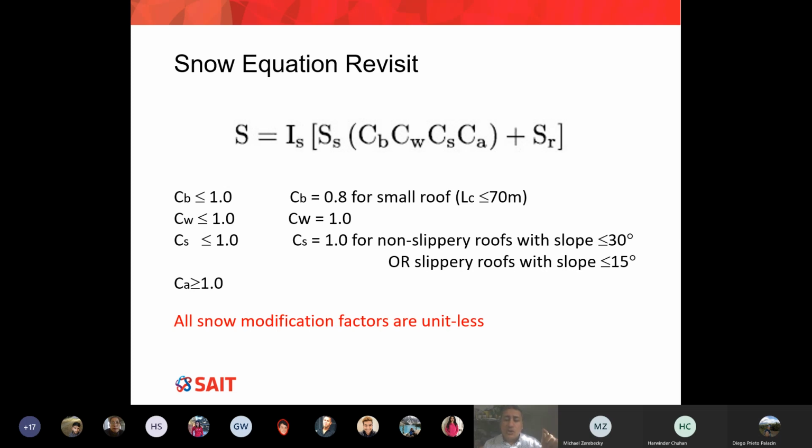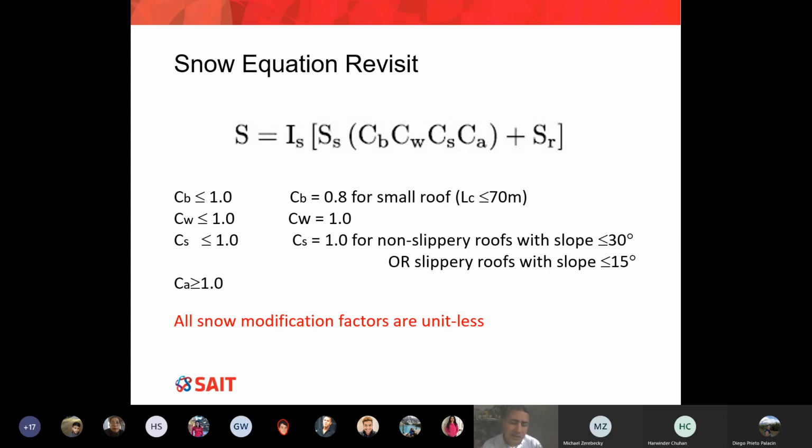You cannot get more snow on the roof than on the ground. The maximum is what you get on the ground, but on the roof you get less, and that's why Cb is always less than or equal to 1. In most cases, your Cb is equal to 0.8 for a small roof. What is the meaning of small roof? Lc is less than or equal to 70 meters.